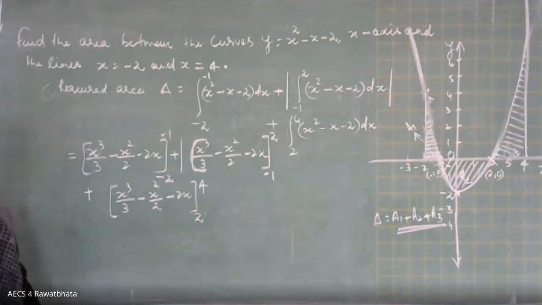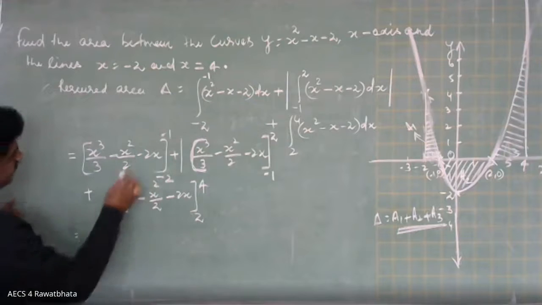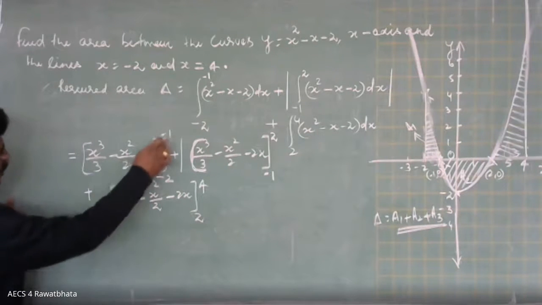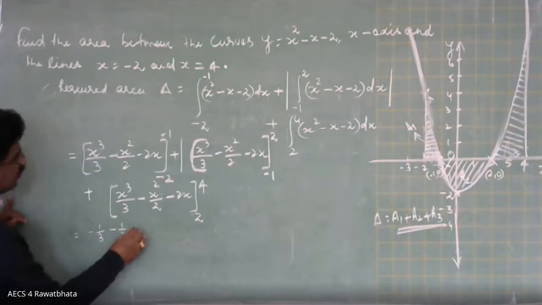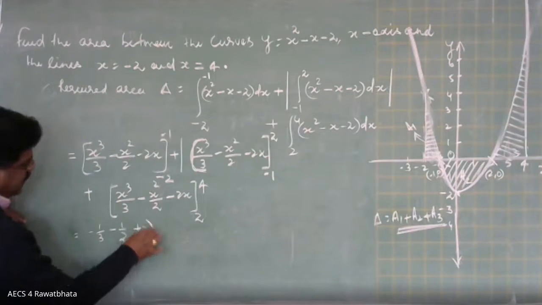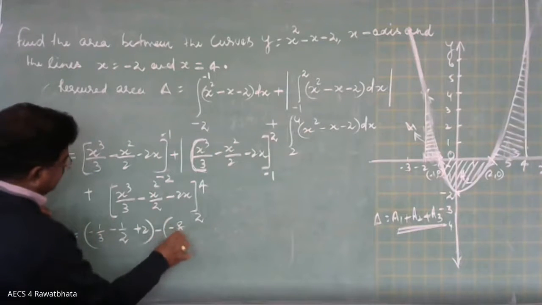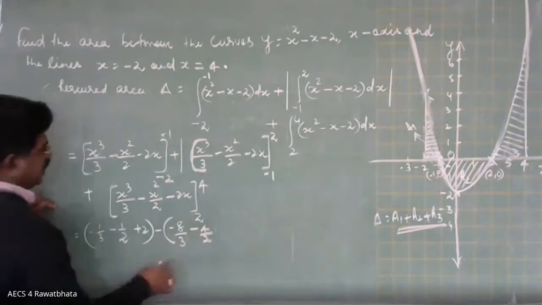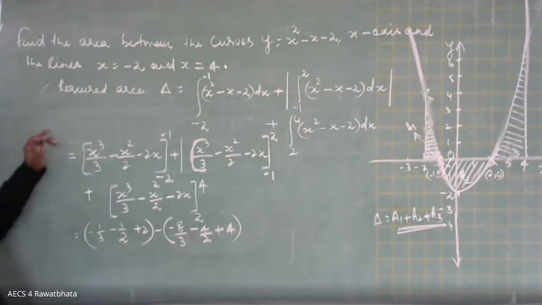Got it? Now apply the limits. Upper limit: minus 1 upon 3, minus 1 upon 2, and plus 2. Minus of minus 8 upon 3, minus 4 upon 2, and plus 4. Correct? Take it one more time.